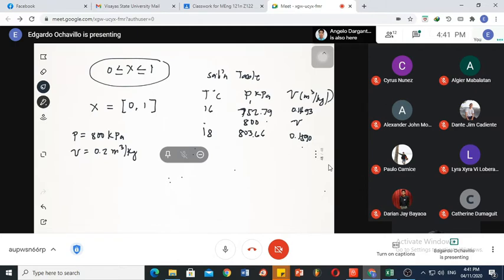Looking at here, okay, we have the volume, the specific volume of 0.2, right? The saturation values, this is 0.1493 and 0.1590.